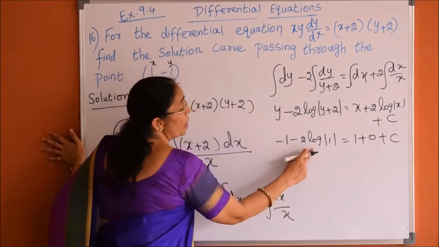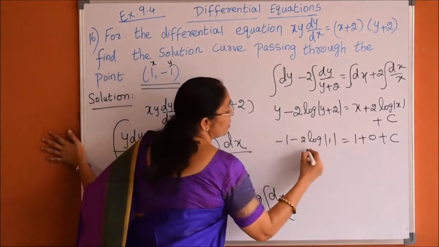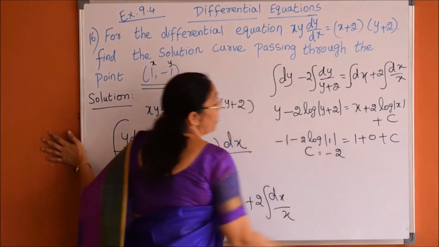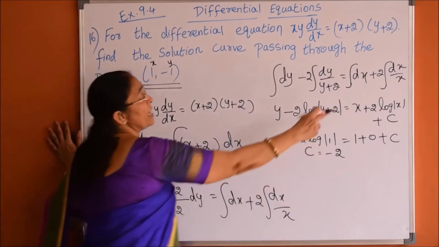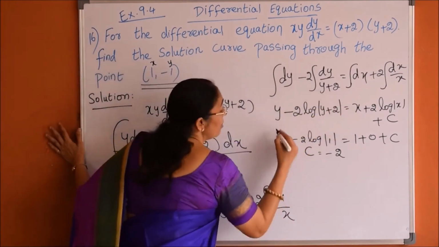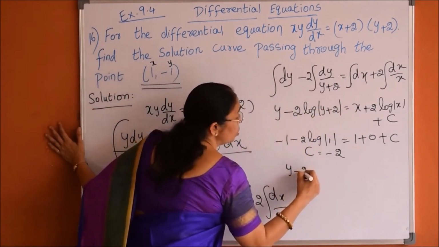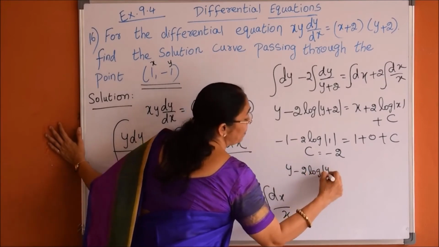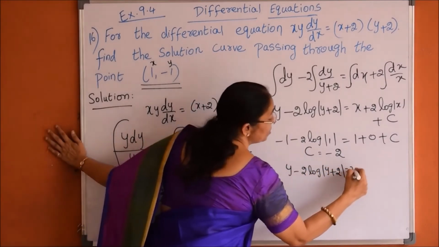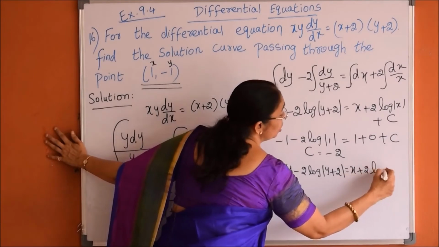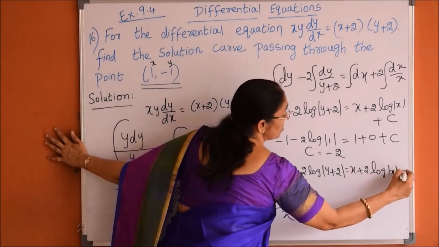So, here log 1 is 0. So, this 1 minus 1 is there, c value is minus 2. So, substituting the c value in the solution, we will get y minus 2 log mod y plus 2 is equal to x plus 2 log mod x minus 2.